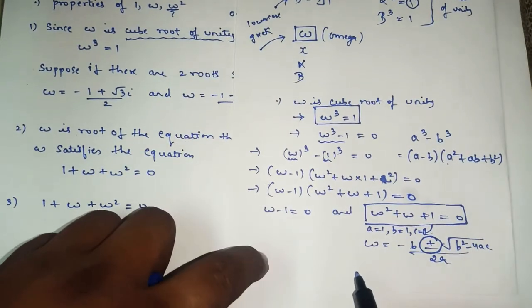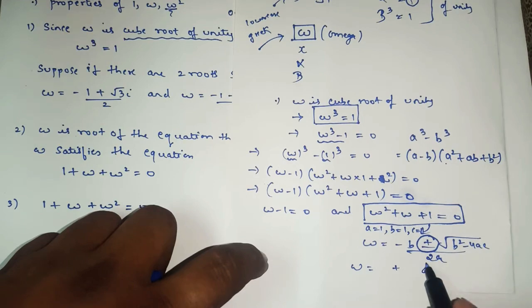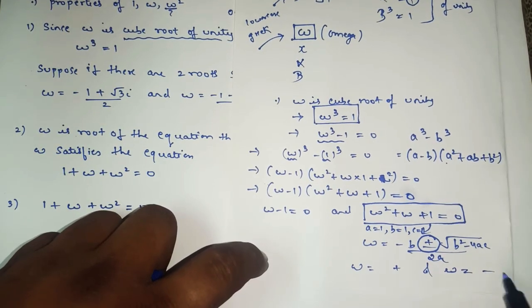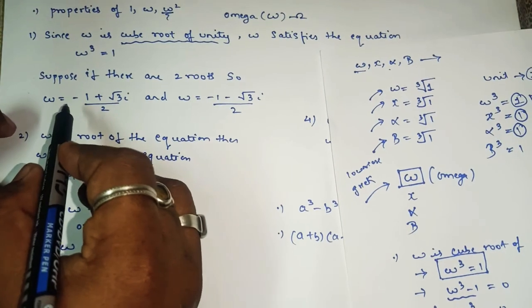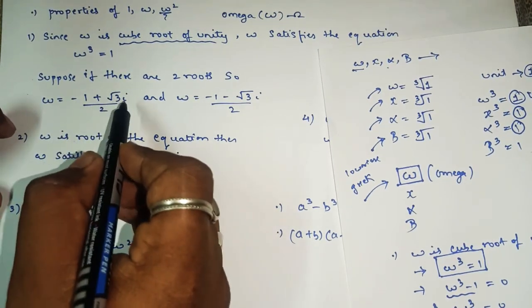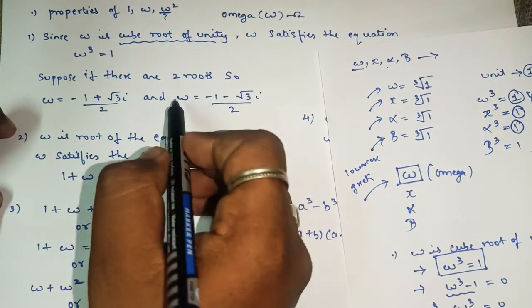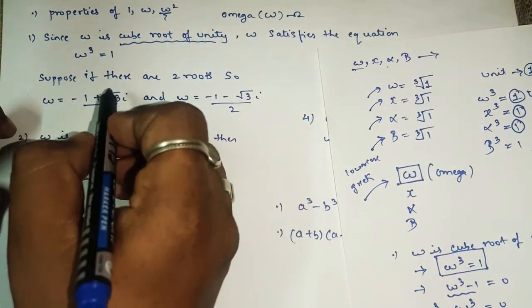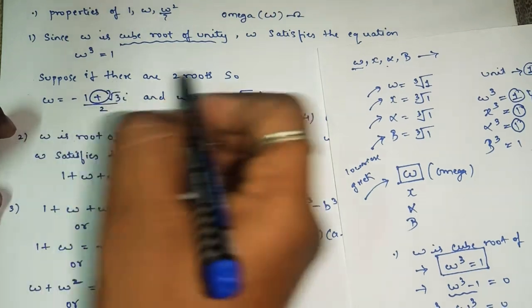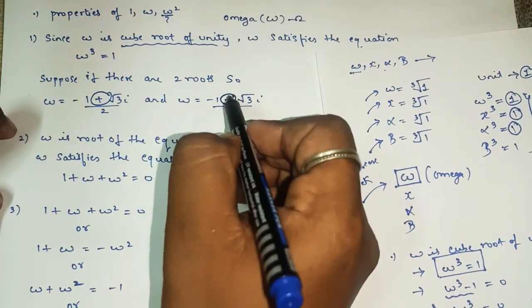One answer of w will be with positive, and the second answer of w will be with negative. So that answer will be what? This one, minus 1 plus root 3i upon 2, and the second answer will be minus 1 minus root 3i upon 2. So here we have plus and here we have minus.